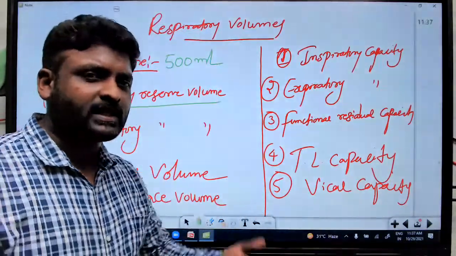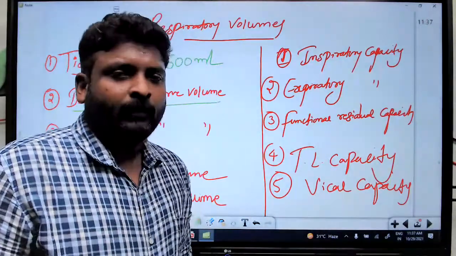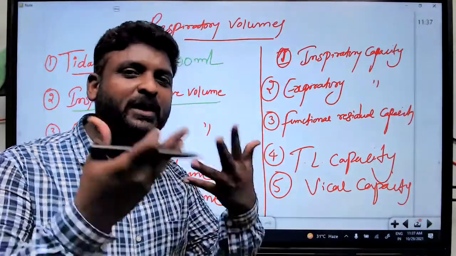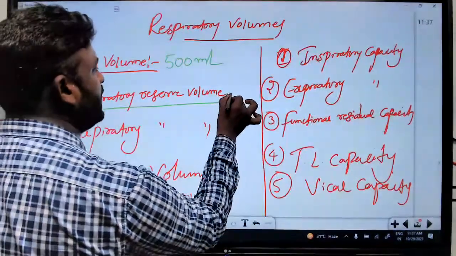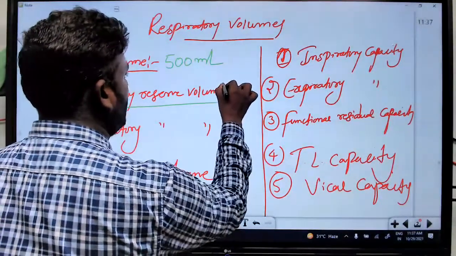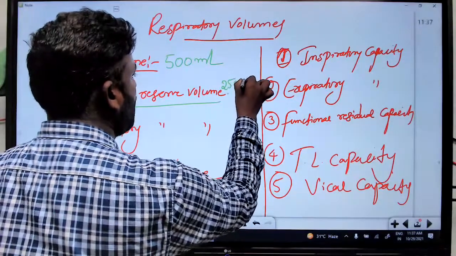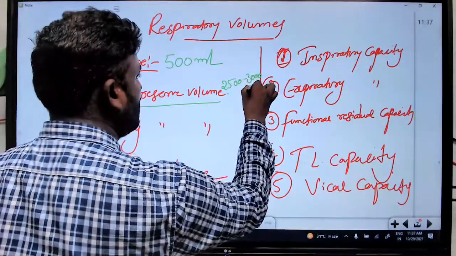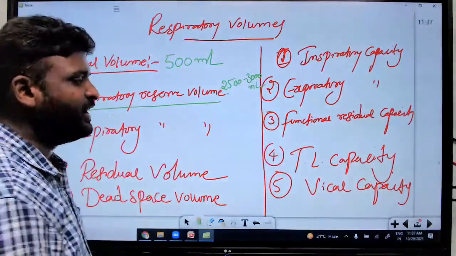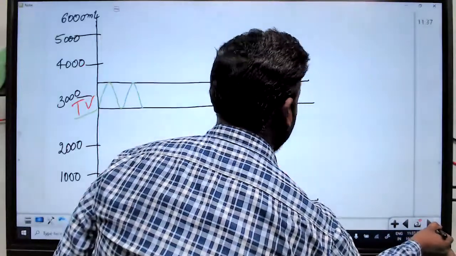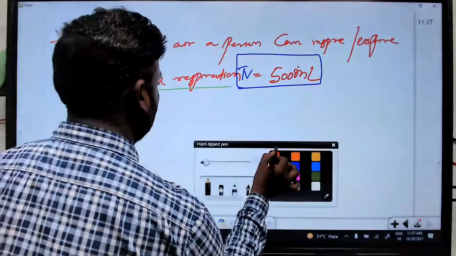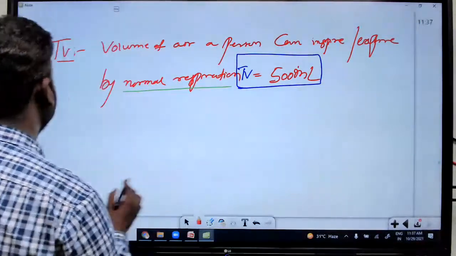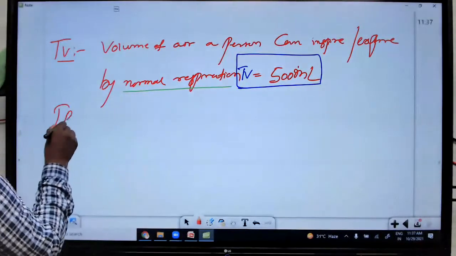Just listen. That is the forcible inspiration. You know how much? It is approximately 2500 ml to 3000 ml. So that is what we have to mention there. That is the second one, IRV.